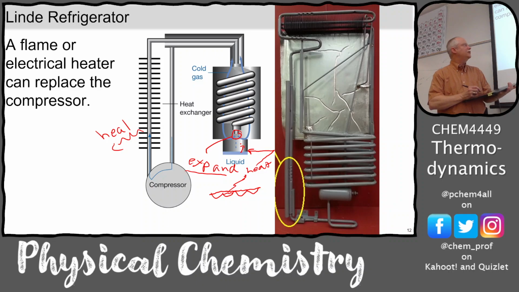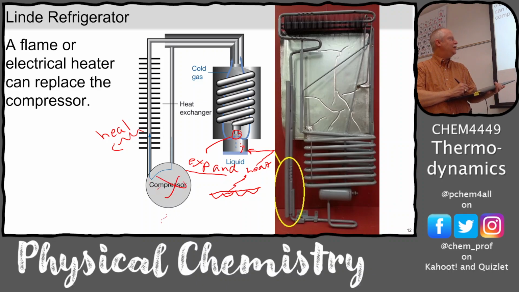Now this is really bizarre. We use a compressor, but in the RV, you can do anything that creates a higher pressure, like raise the temperature of something. And so in our RVs, we actually have flames. You can light a propane flame down here, and instead of the compressor, you use a flame.